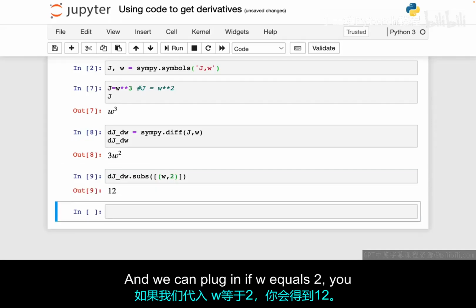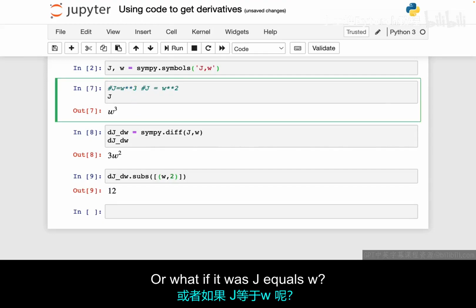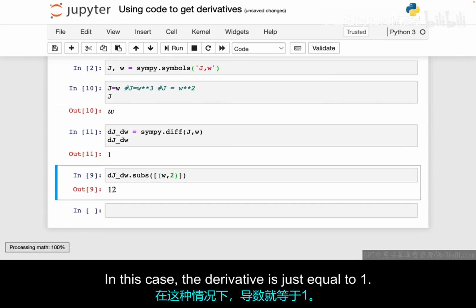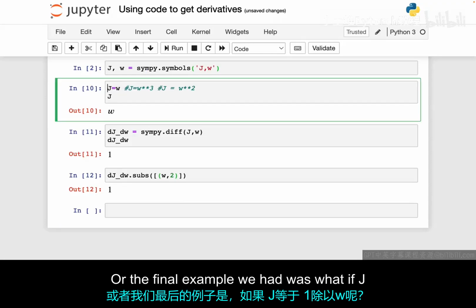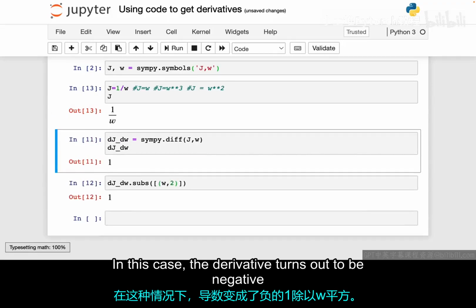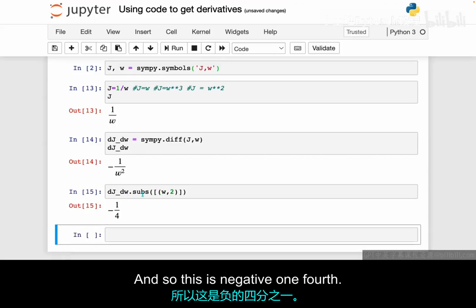And we can plug in, if w equals 2, you get 12 in this case. Or what if it was j equals w? In this case, the derivative is just equal to 1. Or the final example we had was, what if j equals 1 over w? In this case, the derivative turns out to be negative 1 over w squared. And so this is negative 1/4.